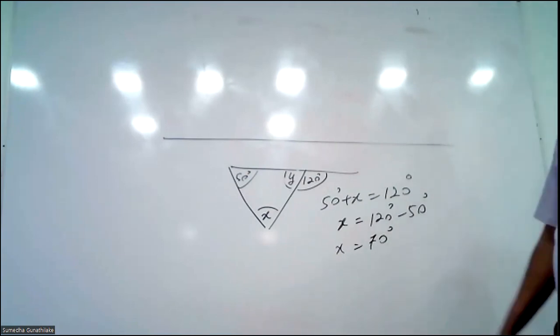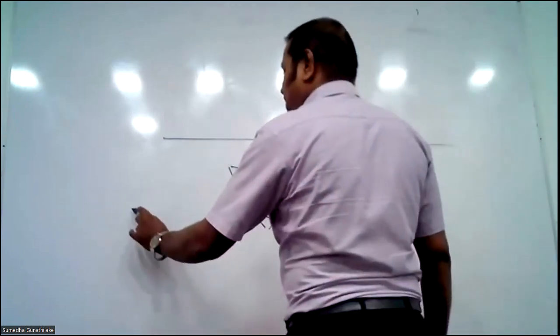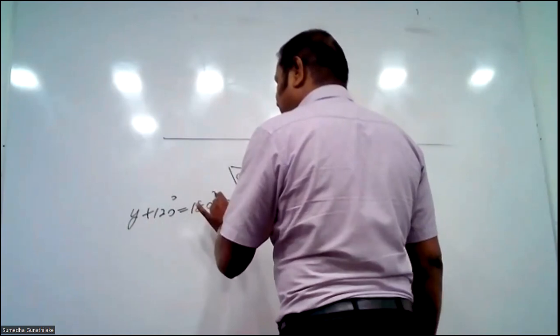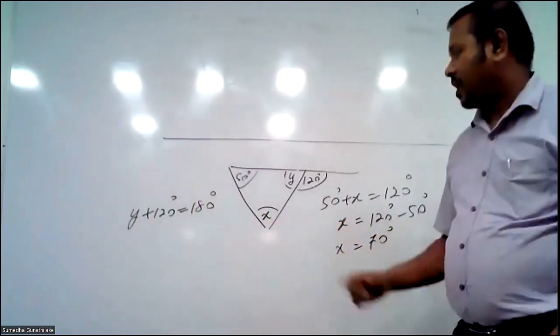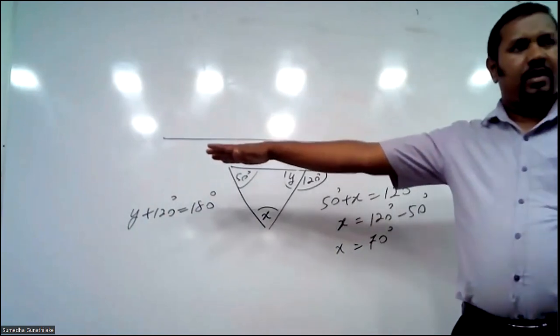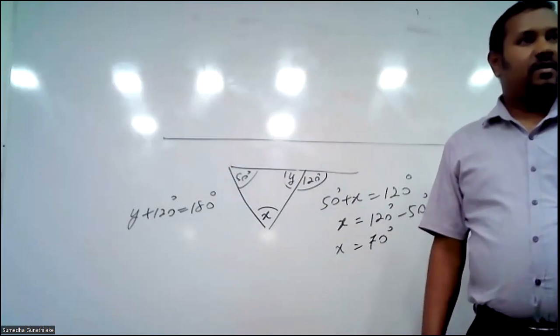And this other one, y plus 120 is 180. What is the relationship? The adjacent angles on a straight line is 180 degrees.